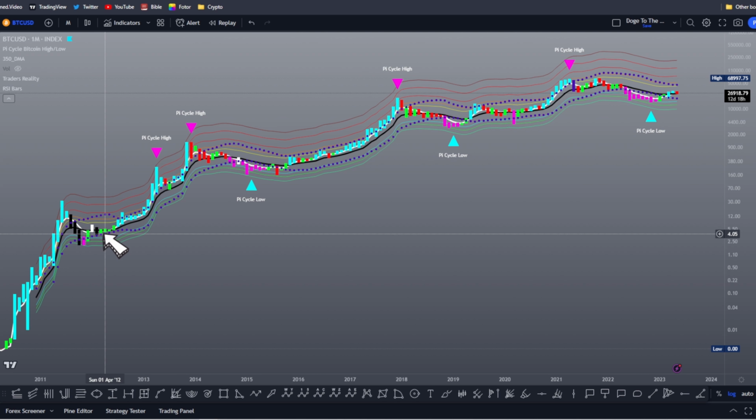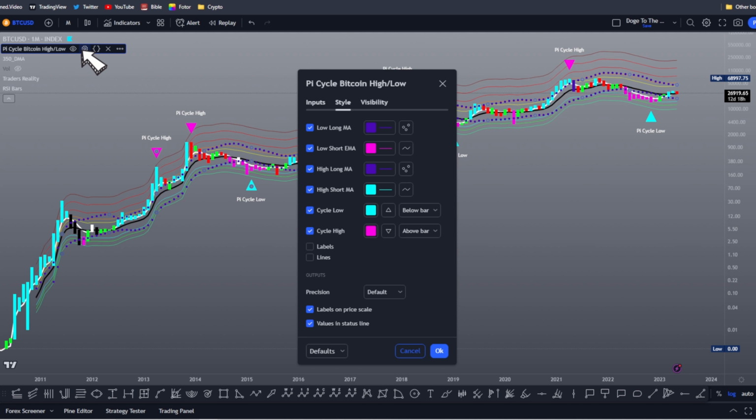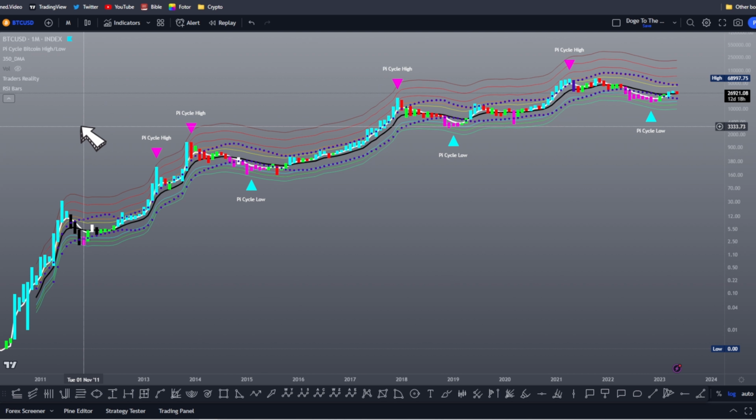We also begin to see the candles close back above the purple dotted line, and I actually forget what these specifically are. It's the low long moving average and the high long moving average of this Pi Cycle indicator.